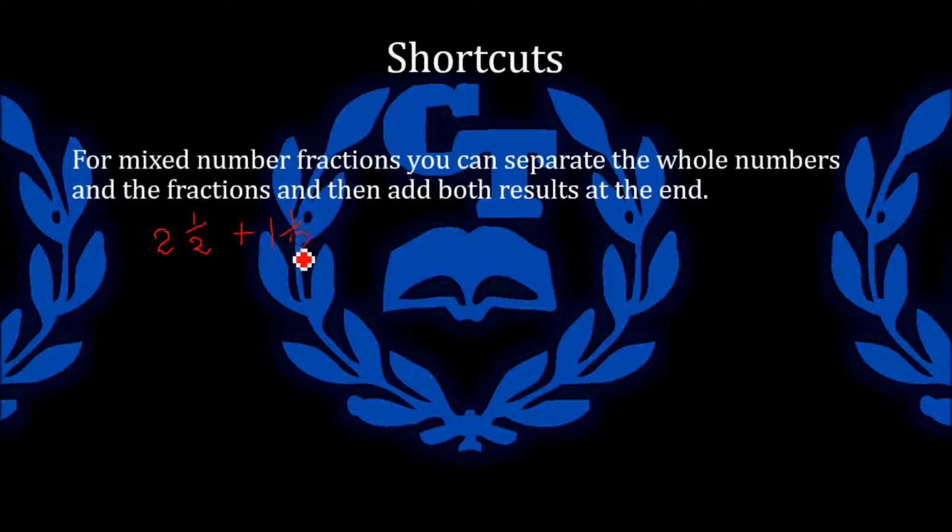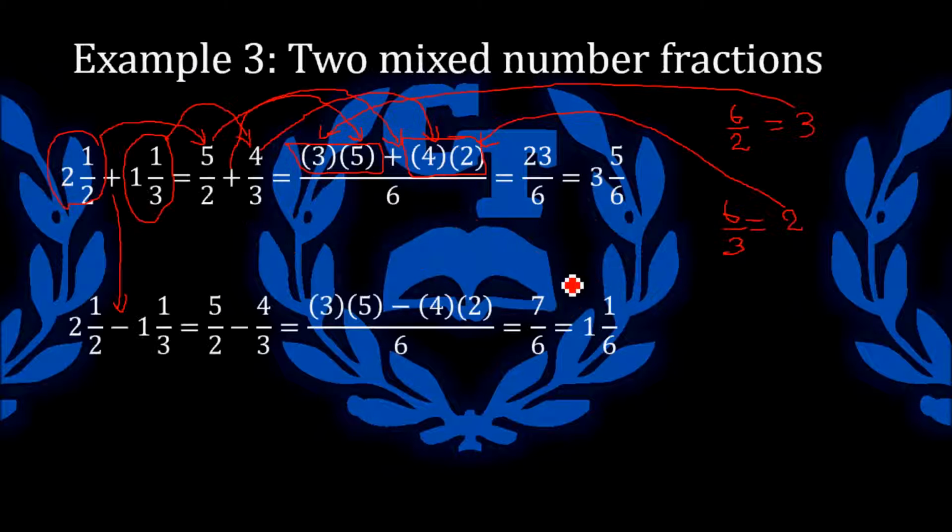We can simply separate this by writing 2 plus 1, and then we add the fractions separately. Notice that 2 plus 1 is 3, and the 1/2 plus the 1/3 will be equal to 5 on 6. Notice that the answer here is 3 and 5/6. And this is the same answer you had in the previous question, 3 and 5/6.